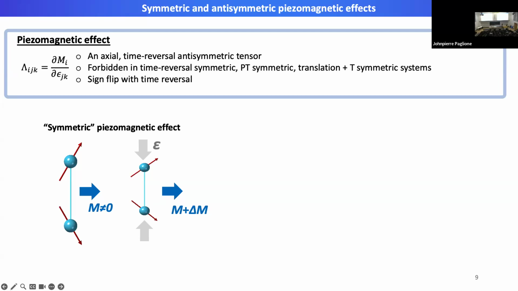If we change the distance between this pair of spins, we do not change any crystalline symmetry of the system, but you can imagine the canted angle of the two spins can change, and therefore there can be a linear piezomagnetic effect between these symmetric strains and this magnetic moment that's sort of already there.